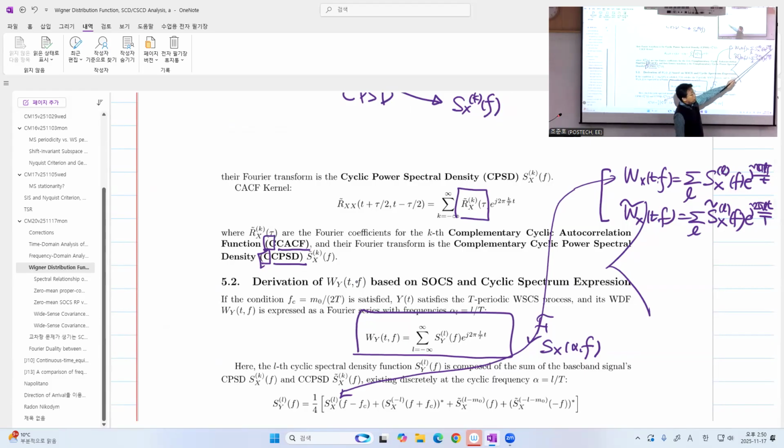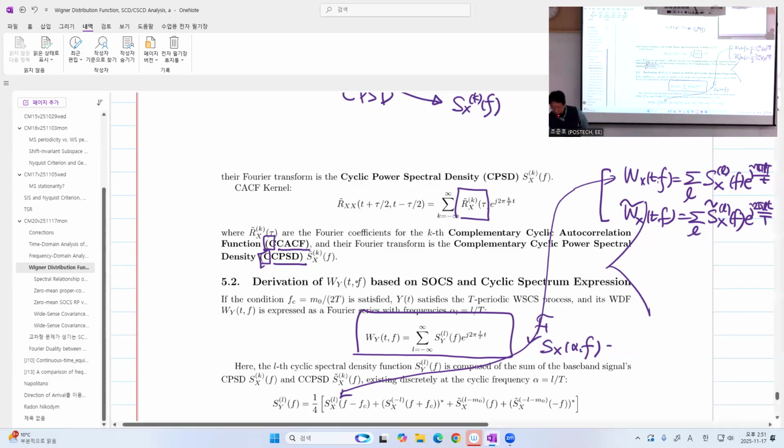This one becomes delta of f minus L over capital T, right? So you have the complementary spectral correlation density.